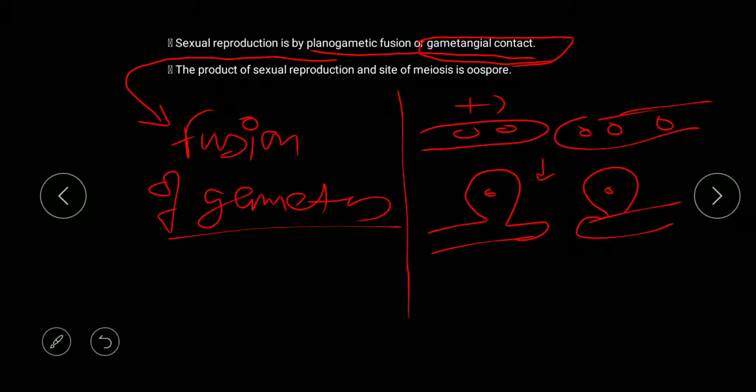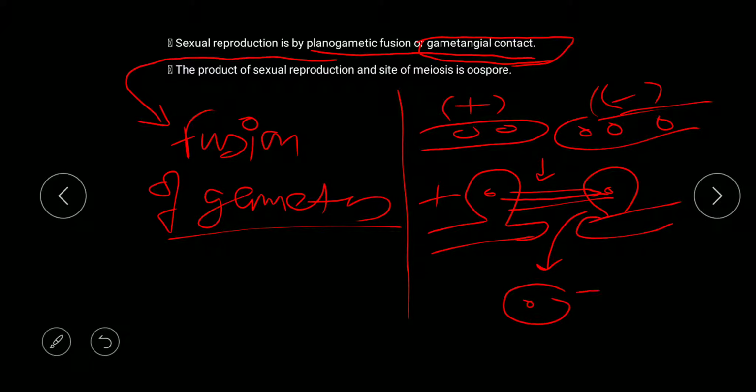Suppose this is a plus, a male, and this is a minus, a female. Now the male one will develop a tube, and that tube is known as the fertilization tube. Through this, the male gamete will be transferred to the female gamete, and in the female part there is a fusion of the male gamete with the female gamete, and a zygote will be formed.